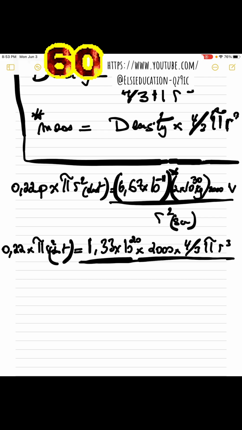The radius of the sun is 7 times 10 to the power of 8, squared.